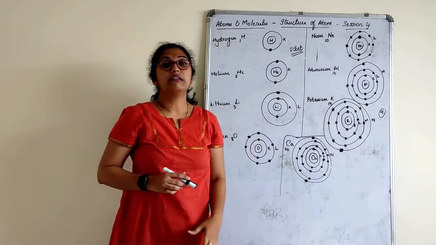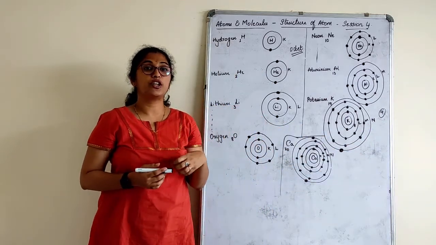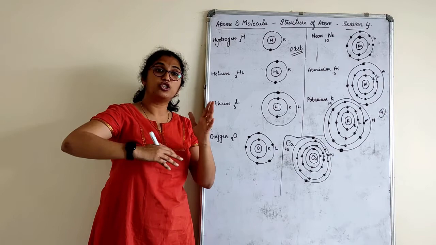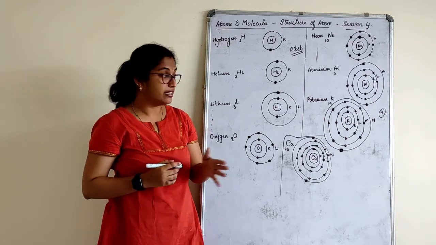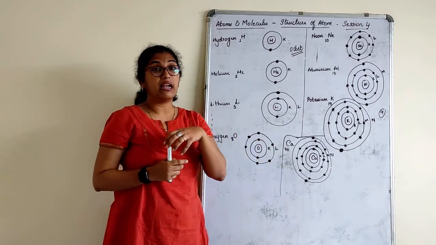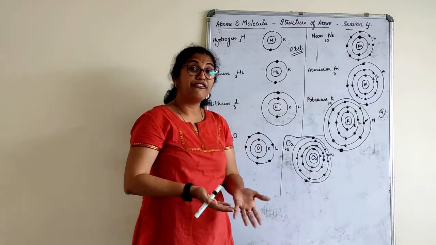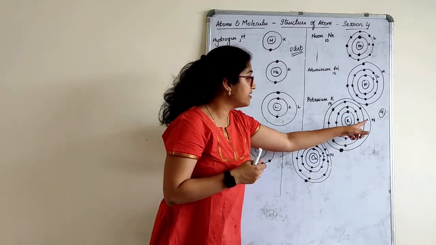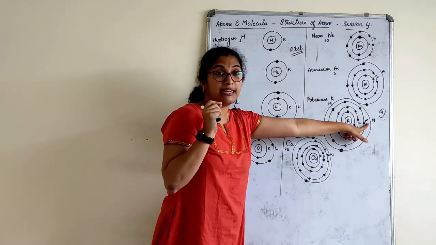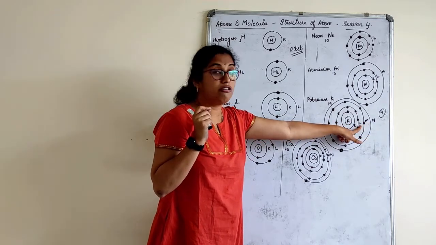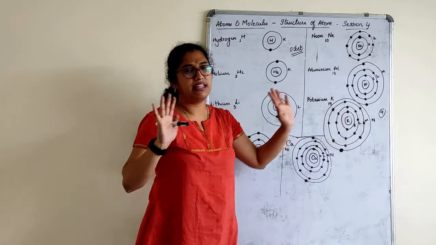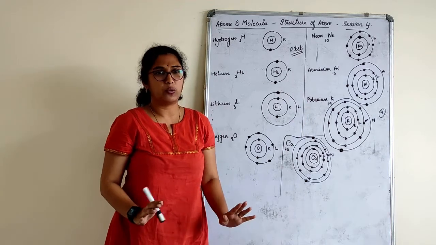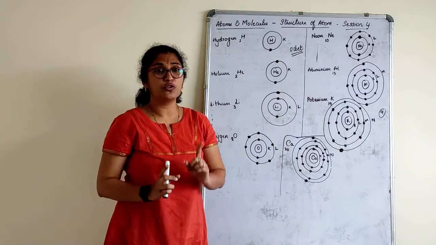The electrons which cannot fit into the penultimate shell go to the last shell, right? What is the anti-penultimate shell? The shell before the penultimate shell. That is, if M is the penultimate shell, the one before that is called the anti-penultimate shell. That's all. Don't break your head much over it. That's more than enough of what you need to know.